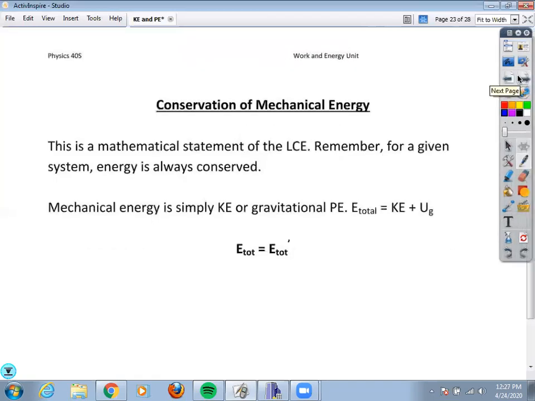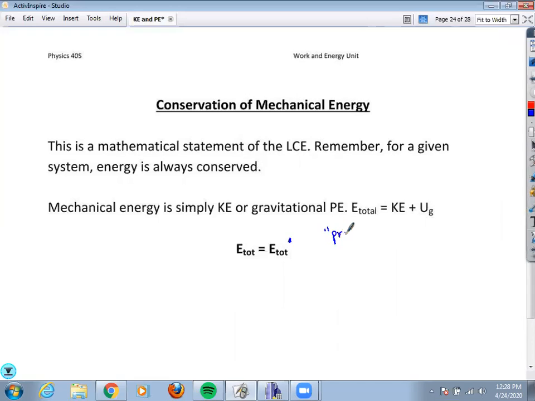Okay, so the conservation of mechanical energy is stated as this. The total energy initially equals the total energy after an event. We have this little apostrophe, called the prime marker, which means final.